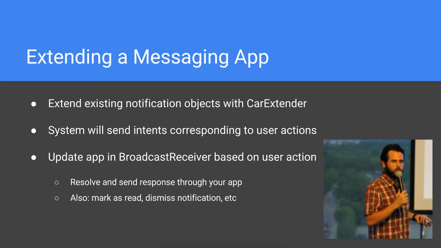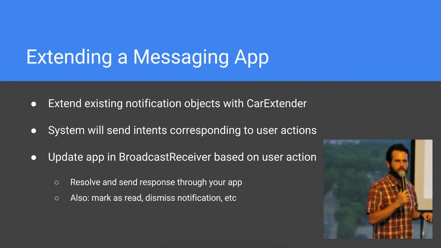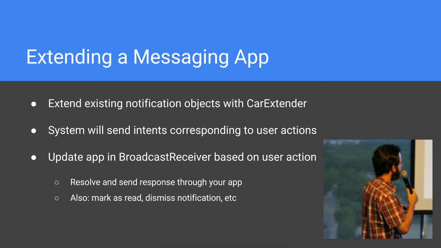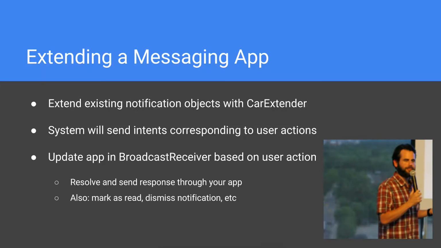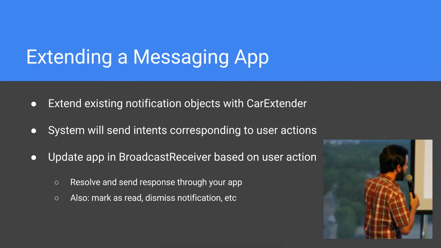So basically, what you do is when your app generates a notification, you find that spot in your code. You add a car extender object, and what that will do is it lets Android Auto know that it should display that notification on the screen, on the car screen.